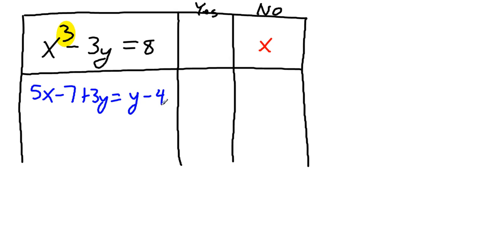Okay, 5x minus 7 plus 3y is equal to y minus 4. X and y, everything's the first power, we're good there. We don't have x times y, so we're good there. And we don't have any variables in the denominator, so it's all good. So that one's a yes.